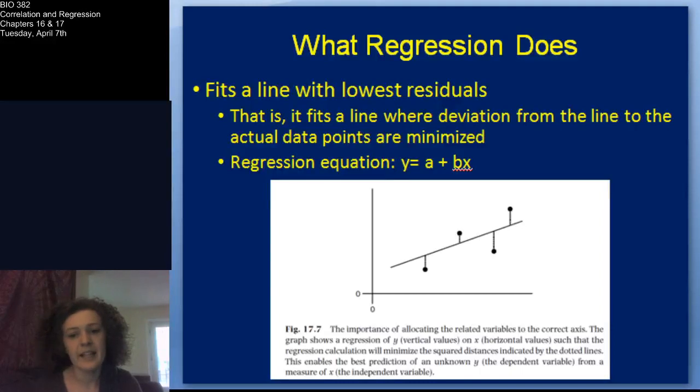So again, it's fitting a line with the lowest residuals. So here you have, right, how far those data points deviate from that line. All right, and just to remind you here, your regression equation is y equals a plus bx, where b, your null is b is 0. So this is the slope of your line, this is your x-intercept, and this is your y-intercept. Okay.